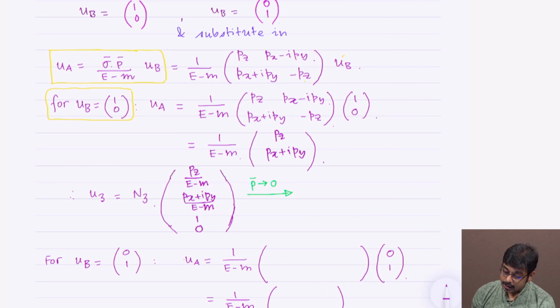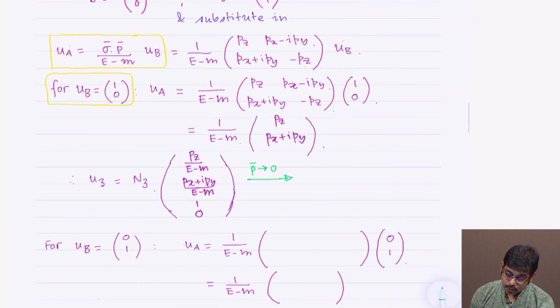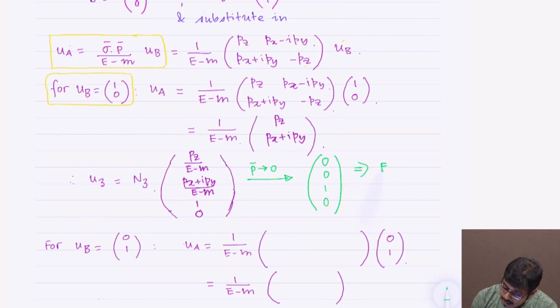Once again, I am interested in the p tending to 0 limit of this solution. It is pretty obvious that this is going to give you 0 0 1 0, and it is easy to remind ourselves that this is the case for which we get a negative energy solution, E equal to minus m. So, this is going to give us a negative energy solution.